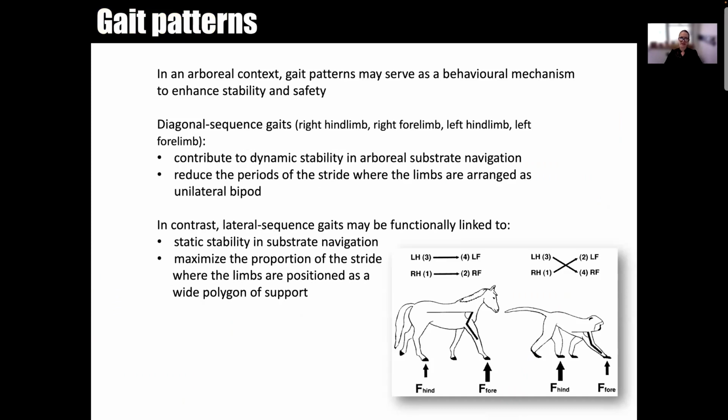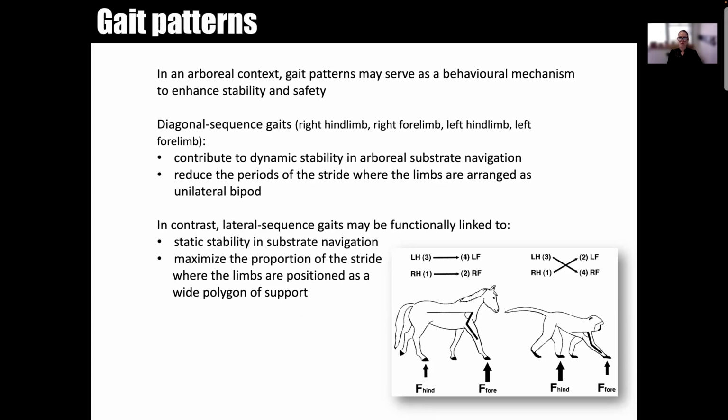So in an arboreal context, gait patterns may serve as a behavioural mechanism to enhance stability and safety. Diagonal sequence gaits, which we mentioned before, have the opposite forelimb and hind limb forward, as seen in primates. This sequence gait contributes to dynamic stability in arboreal substrate navigation, as it reduces the periods of the stride where the limbs are arranged as a unilateral bipod.